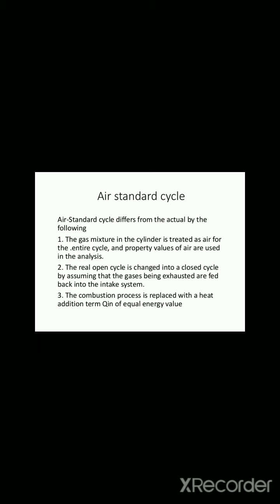The third point is that the combustion process is replaced with a heat addition term, that is Q in, of equal energy value. Fourth, the open exhaust process, which carries a large amount of enthalpy, is denoted by Q out of equal energy value. And the fifth point is that actual engine processes are approximated with ideal processes.